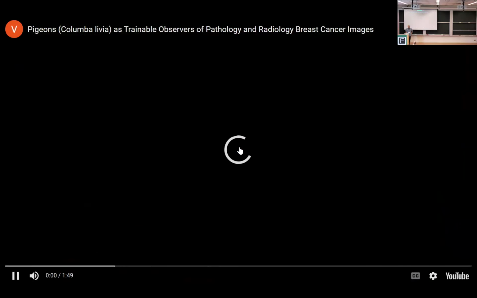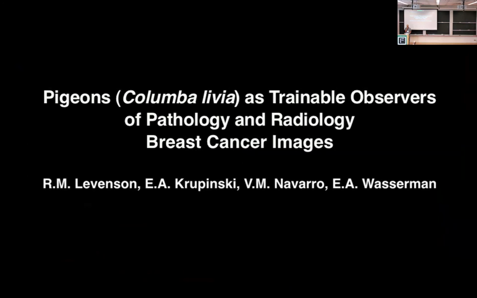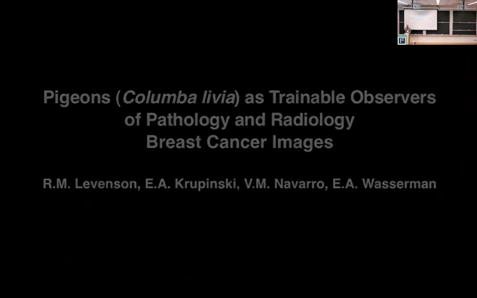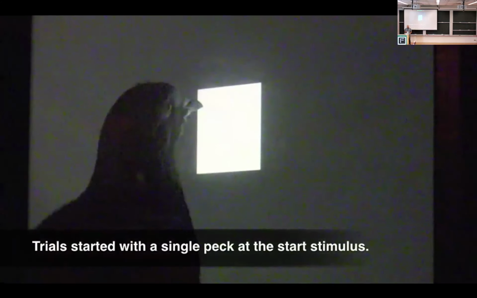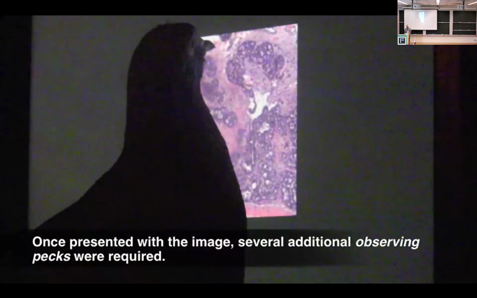So this is what they did. It was for breast cancer images, and first, the pigeon who was being trained would see this white square to start. Then an image is shown to the pigeon.